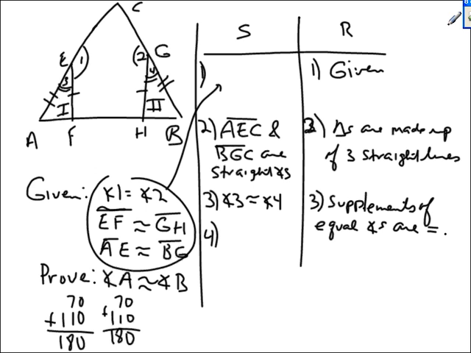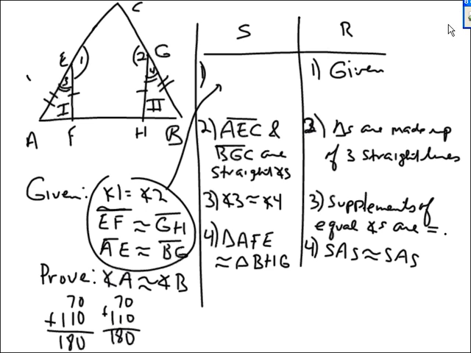Okay, now number 4. We'll say that triangle AFE is congruent to triangle BHG. Triangle 1 is congruent to triangle 2. And the reason is SAS. We have that side and this side over here. We have these 2 sides congruent and the angle in the middle. Same thing here.